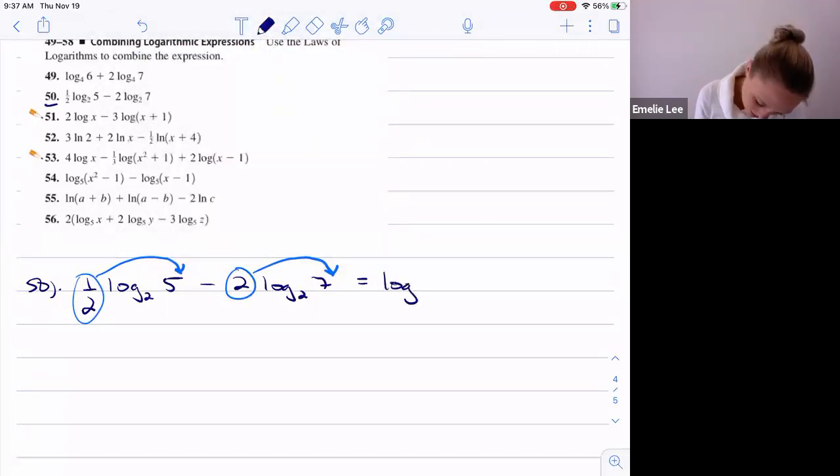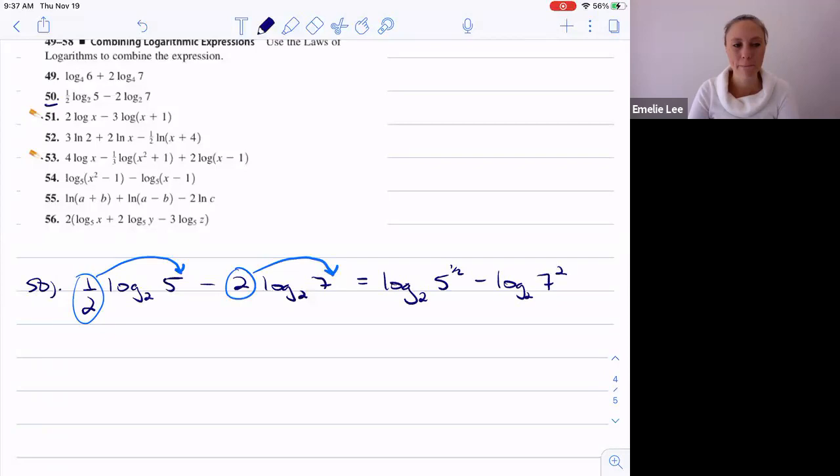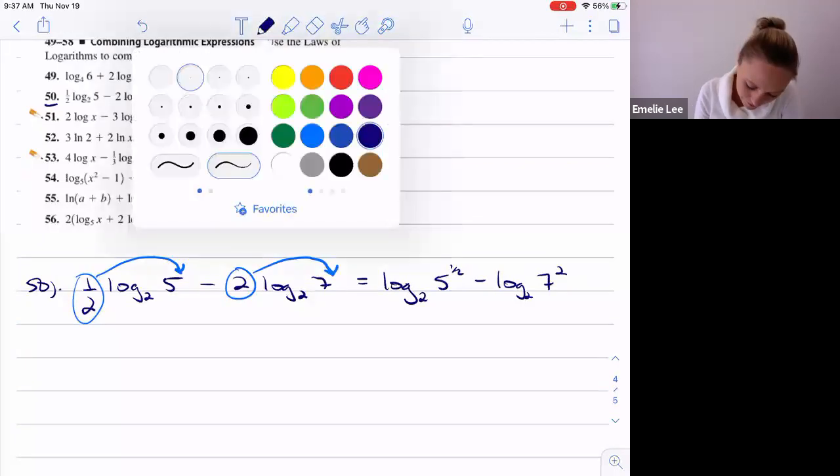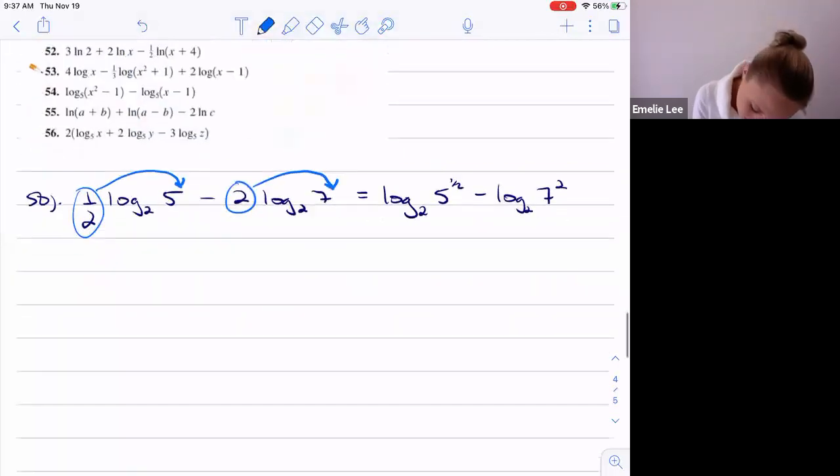So I have log base 2 of 5 to the 1/2 minus the log base 2 of 7 to the 2. Okay. Notice that these are the same base, and I'm subtracting, same base and subtracting.